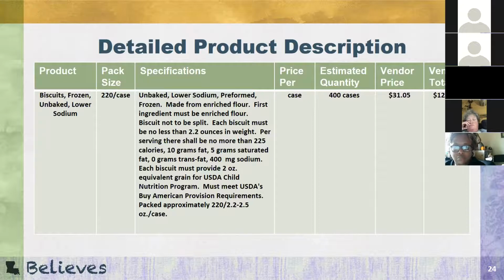Each serving has to be no more than 225 calories, 20 grams of fat, 5 grams of saturated fat, and 0 grams of trans fat. And there can be no more than 400 milligrams of sodium. Each biscuit must credit as 2 ounce equivalent of grain in the child nutrition program. Since flour is an agricultural product, the biscuit must meet USDA's Buy American provision requirements.